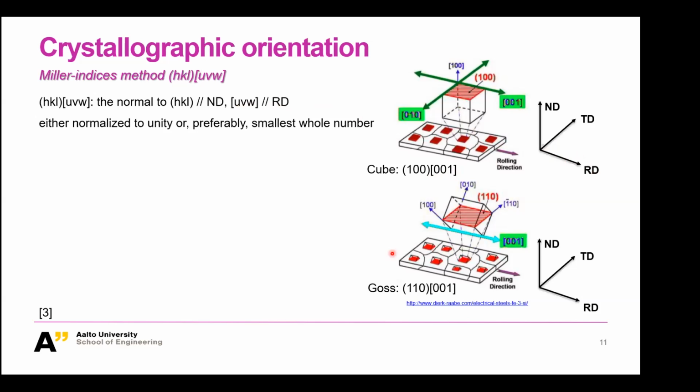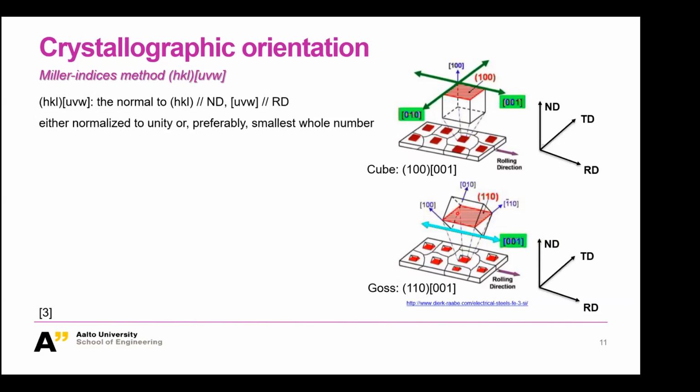Another example is the Goss orientation. The Goss orientation looks like this in the crystal system, and this is the sample coordinate. Again, if we try to find a crystal plane parallel with ND, it is this plane.